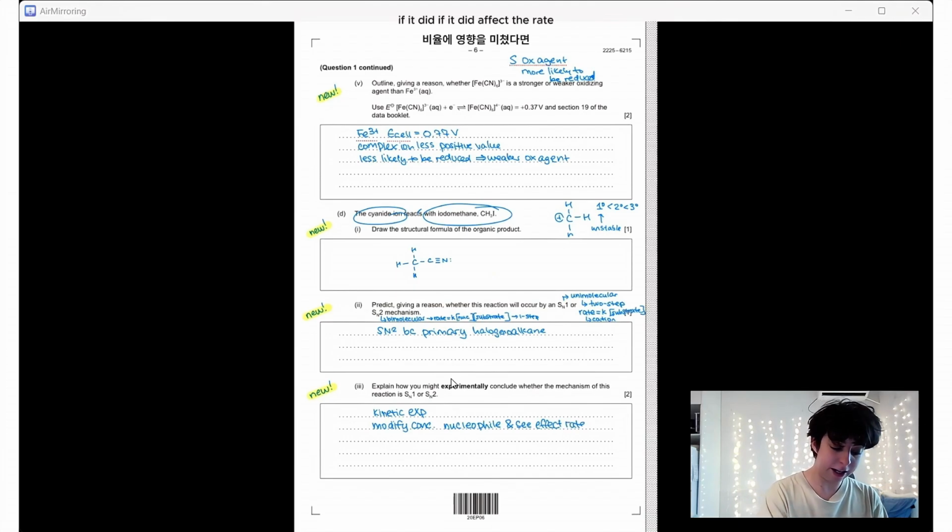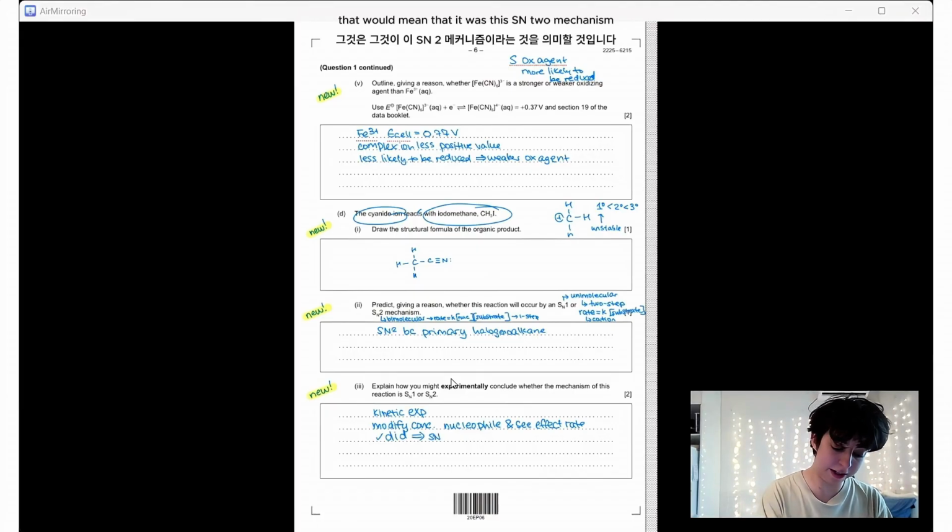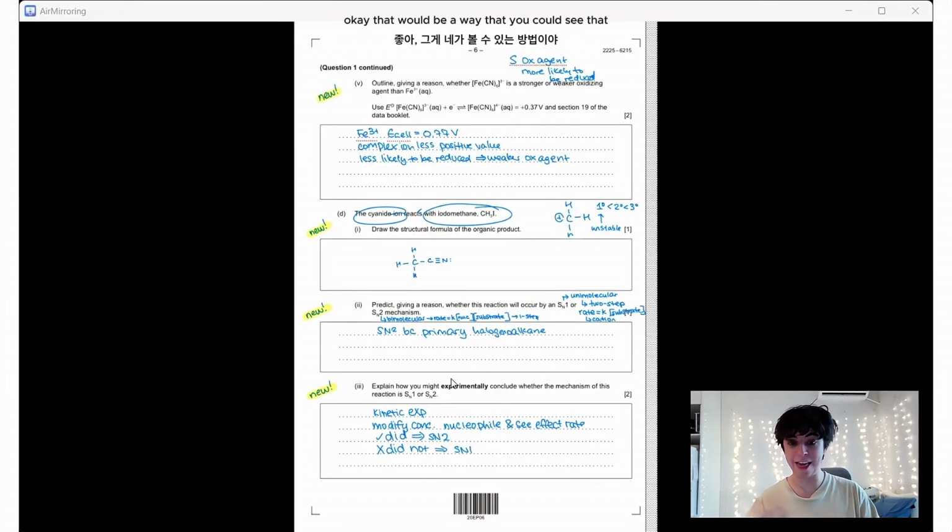Okay, and if it did affect the rate, that would mean that it was the SN2 mechanism. If it did not, if it looked to be zero order with regards to the nucleophile, then it would be an SN1 mechanism. Okay, that would be a way that you could see that.